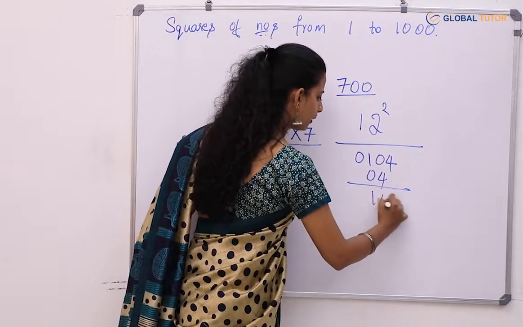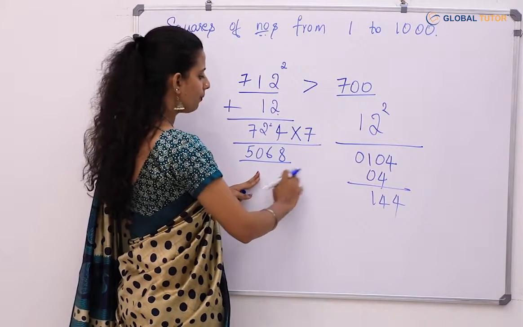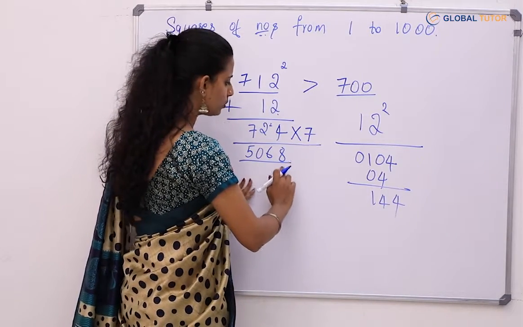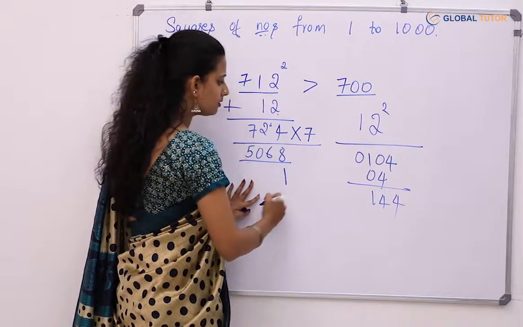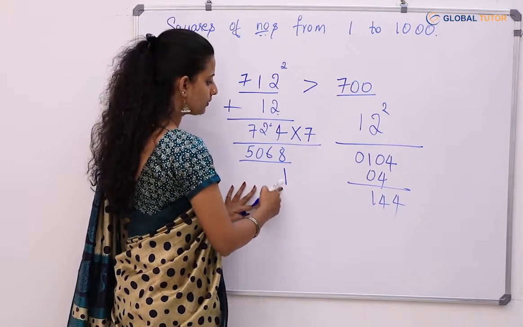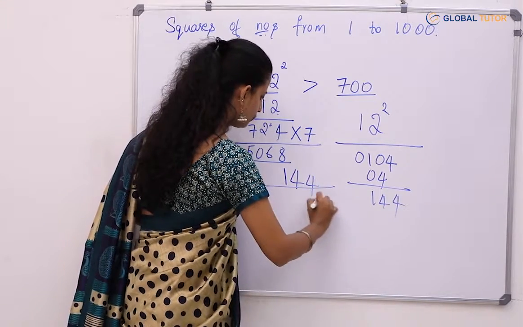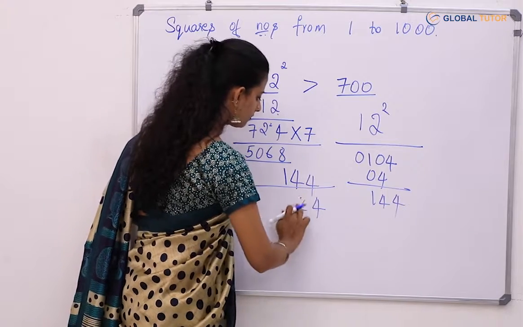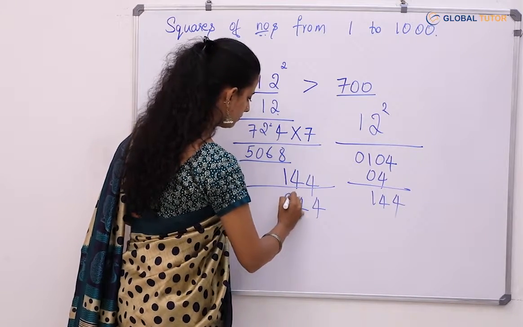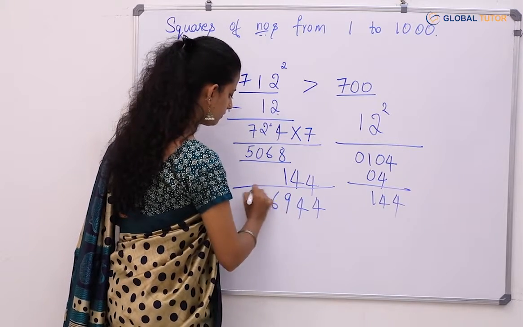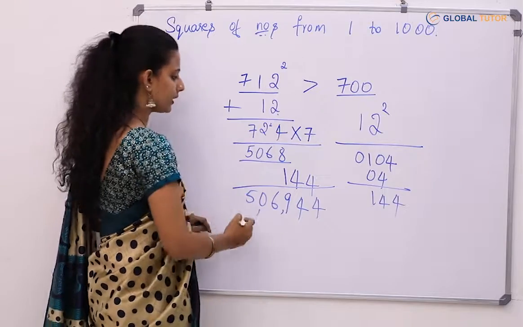So it is 144. Now here you add 144, however you only take the unit digit place and start writing the 12 square number, which is 1 and then 44.